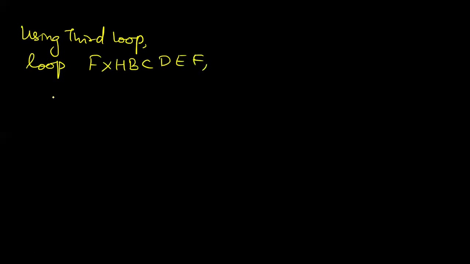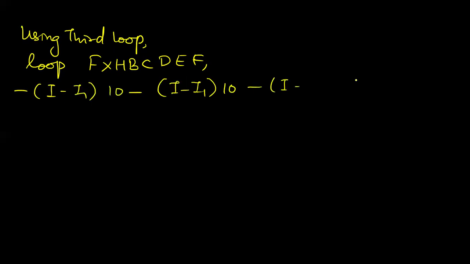In that, when you apply the Kirchhoff voltage law, you get minus (I minus I1) into 10, minus (I minus I1) into 10. You have to please look at the textbook to see what I'm writing. Minus (I minus I2) into 10 equal to 0. Only three terms. There is EMF also.